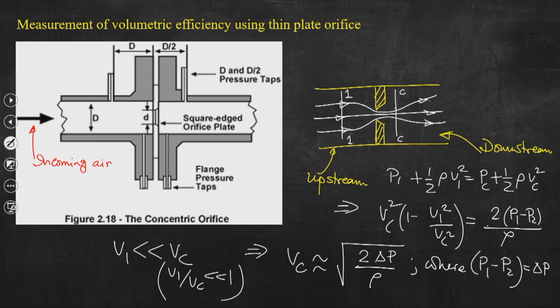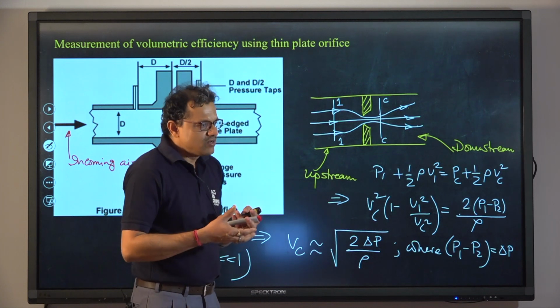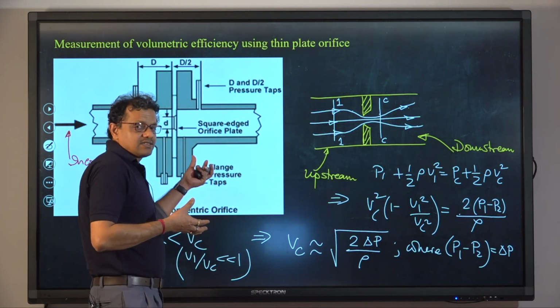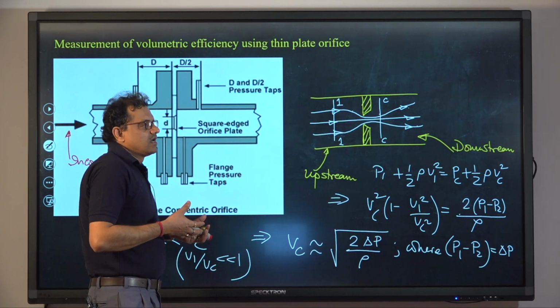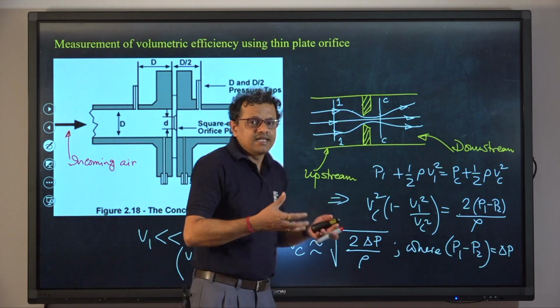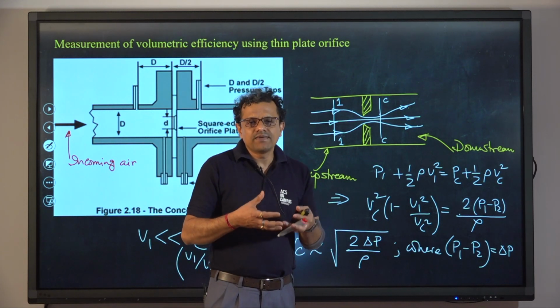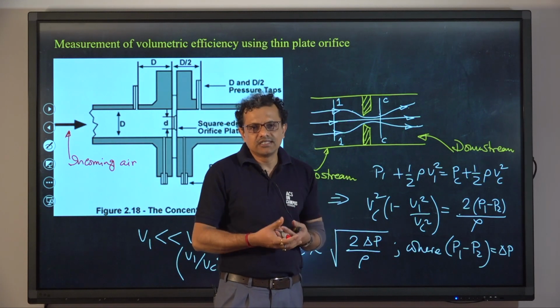So coming back to the schematic depiction, one important point that I should mention: if we try to have the information of actual mass flow rate of air, this device can be used provided a steady flow is ensured.